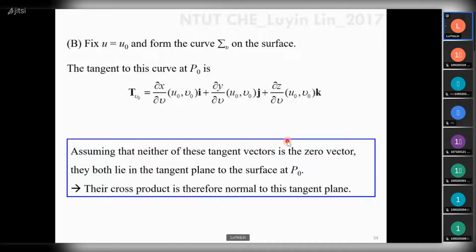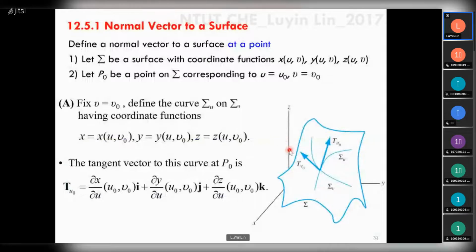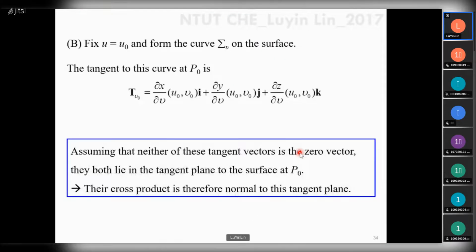Let me see the figure. If you have the tangent vector at u0 and the tangent vector at v0, you can use these two vectors to find the normal vector using the cross product.